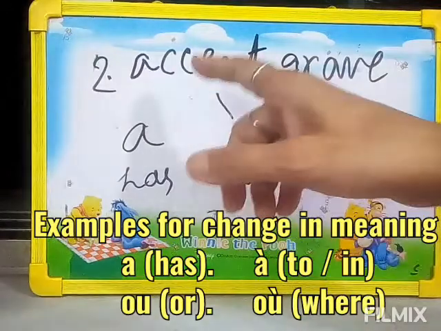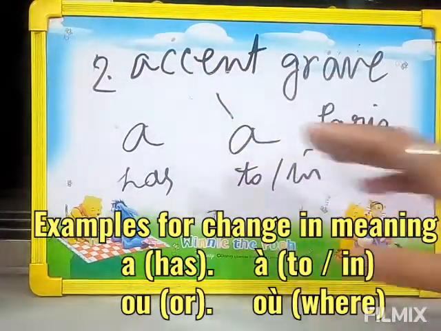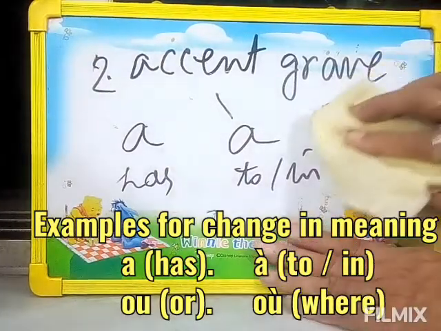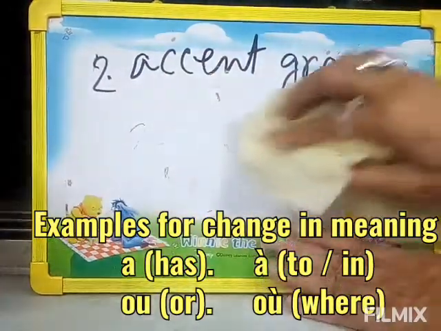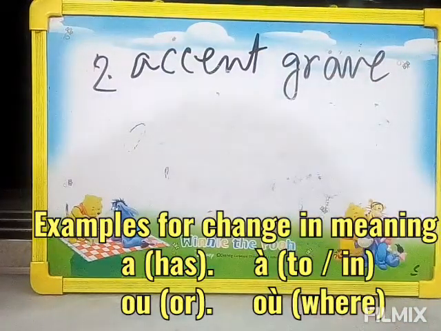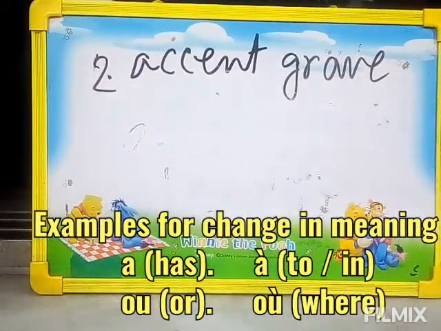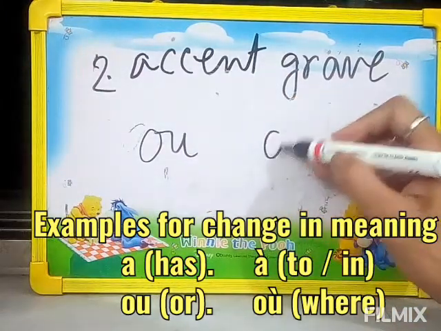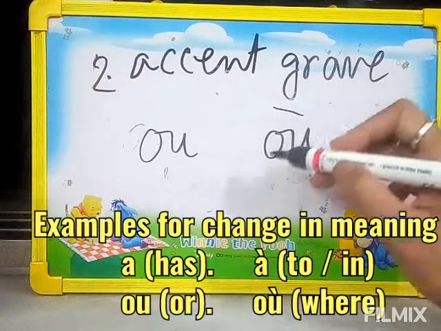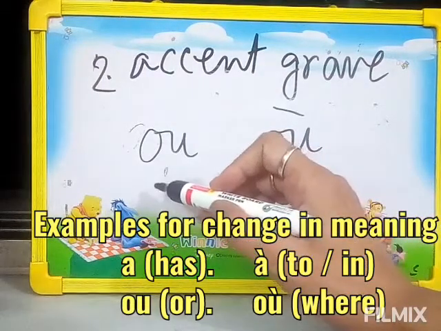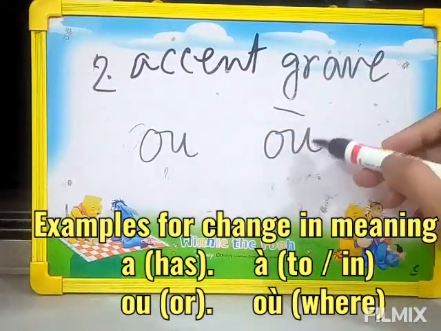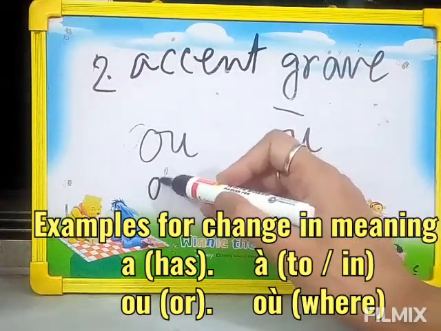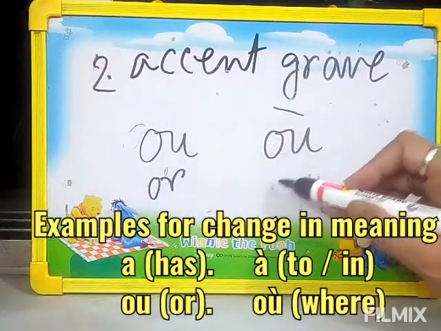So accent grave is used on A and on U. Let me show you on the alphabet U. Say, ou is a word, and où with accent grave on U. There is no difference in pronunciation, but the meaning of ou is or, and the meaning of où is where.